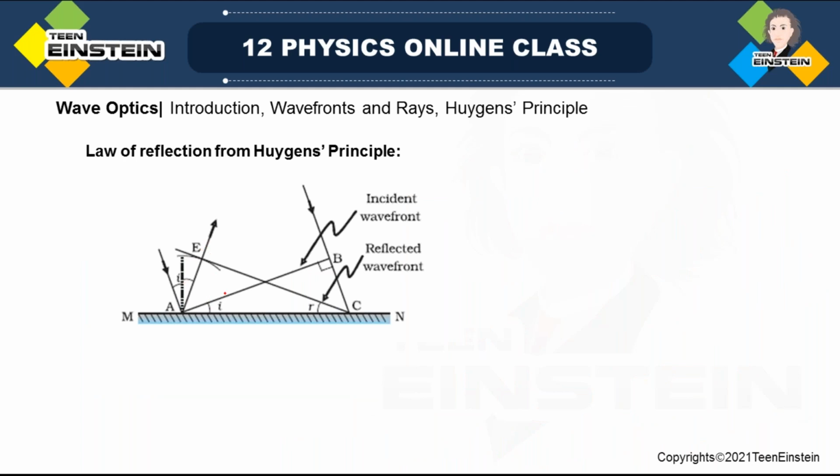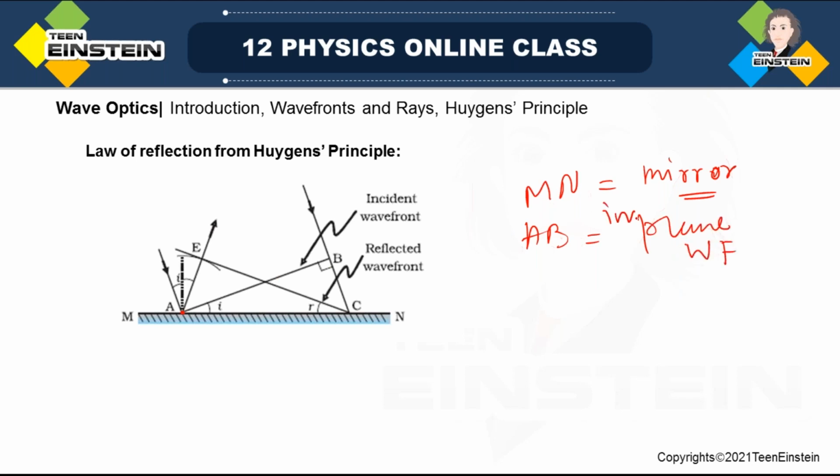See, I have taken here again AB plane wave, and you know this is the plane mirror, MN mirror. And you have wavefront AB, the initial plane wavefront. Now what happens at a certain instant of time t equals 0?